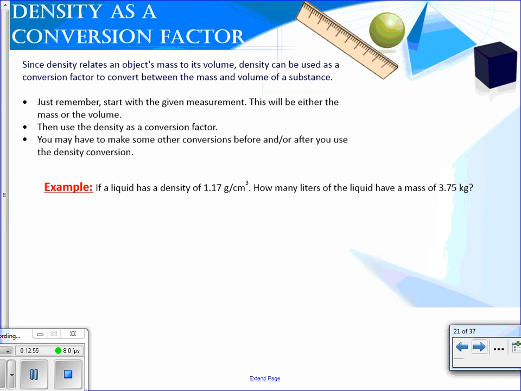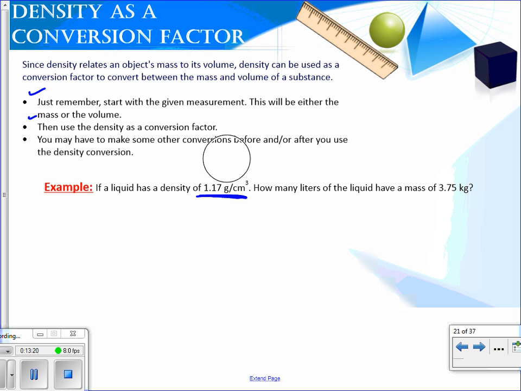You can also use dimensional analysis working with density. Remember, it relates an object's mass and its volume. All right, so same thing, start where you're given, and use your density as a conversion factor. So this is a conversion factor because it's relating 1.17 grams to a cubic centimeter.